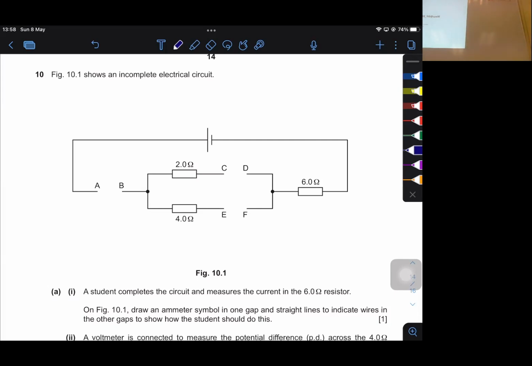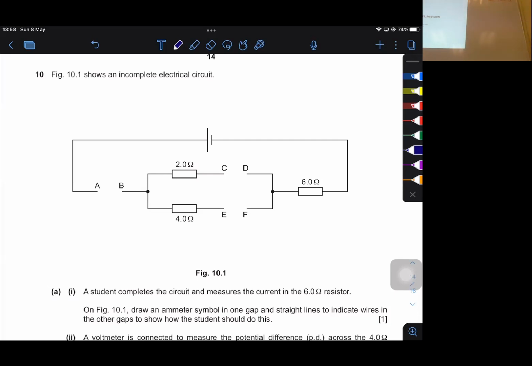Imagine 2.5 is the current here, 1.25 is going here, and then they add up together to be this current here. Then you find out how much it is. Do it slowly. Think about it again.